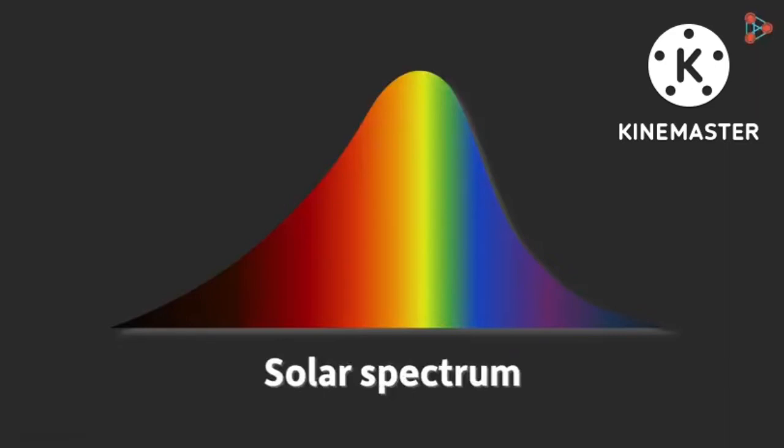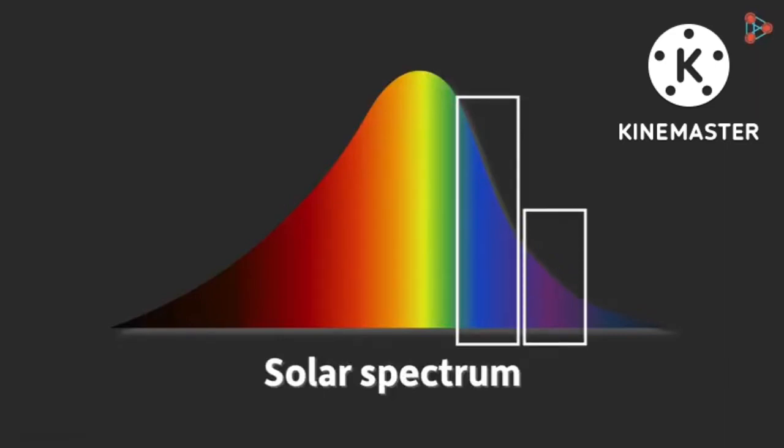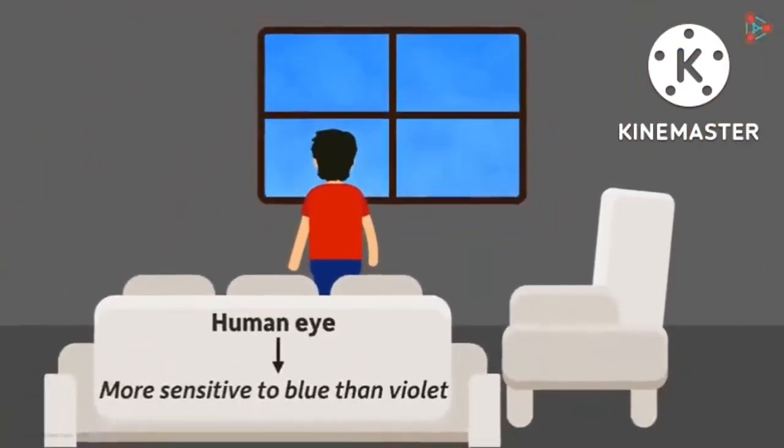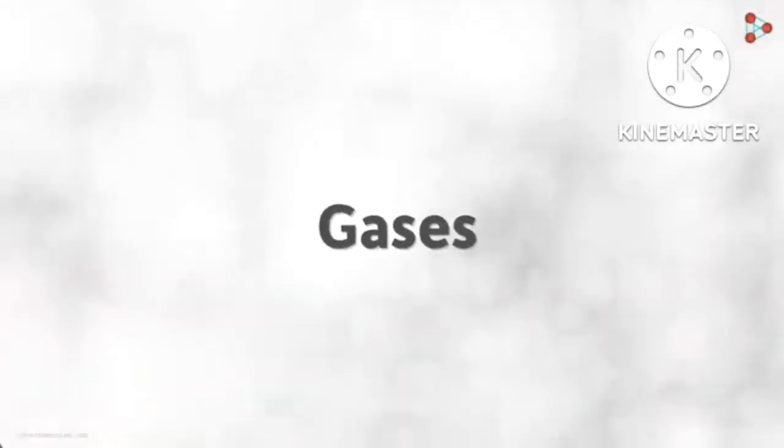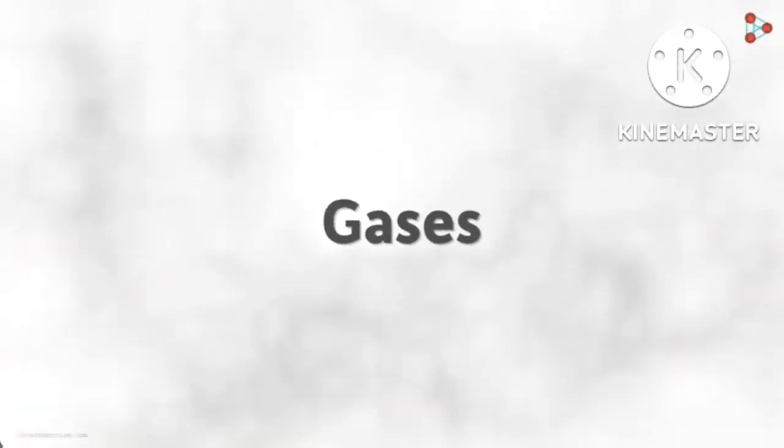As you can see, the sun emits more blue and light bluish light compared to the violet light. Hence, more blue light is scattered by the air molecules, resulting in the blue color of the sky. And another reason why we cannot see violet light is because our eyes are more sensitive to blue light than to violet light. So this was about how the gases present in the atmosphere scatter light.